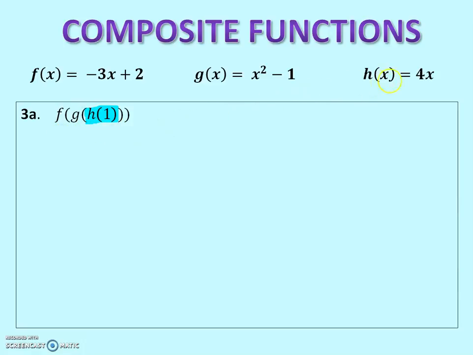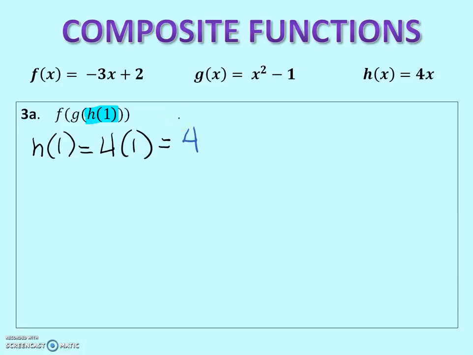So we're just doing h of 1, so using this third function, plugging in 1 for x, and we get h of 1 equals 4. Alright, that's our first inside.